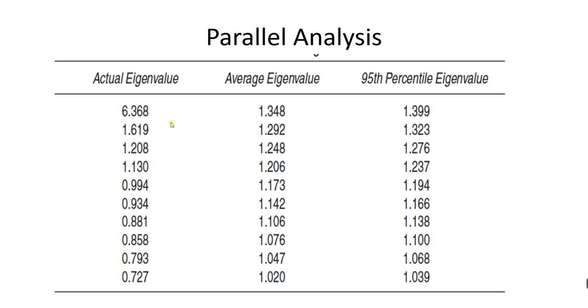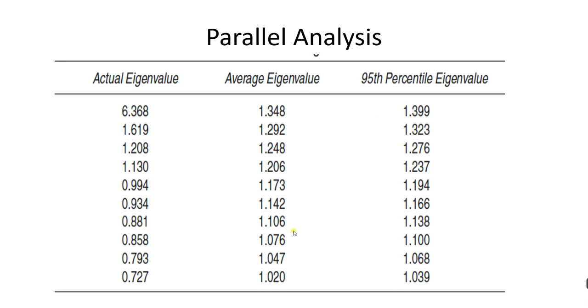So suppose there are 10 variables and 100 participants, so the data matrix is 10 by 100. We generate several data matrices of random numbers, say 1000, 500, 2000, and then we calculate the eigenvalues for each factor, each component, and then either we average the eigenvalue or we can take the 95th percentile of the eigenvalues.